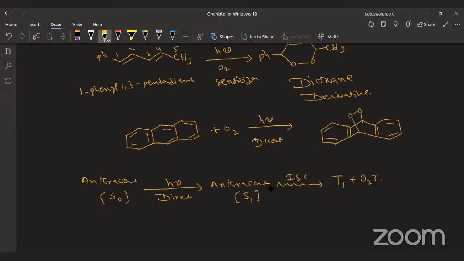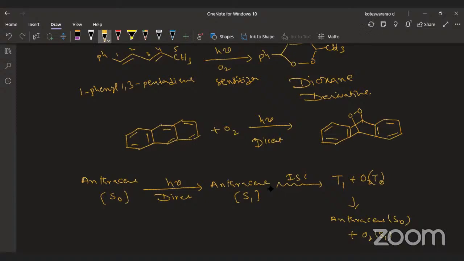Then it is reacting with triplet state of oxygen. This is in the triplet state. Then it leads to the formation of anthracene at ground state. This is in the ground state. And the oxygen which is reacting is involved in energy transfer, so it produces the singlet state of oxygen.